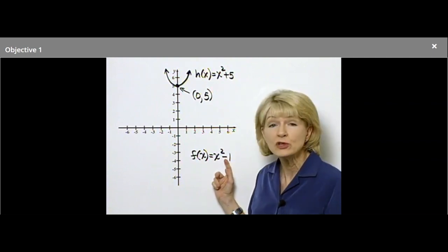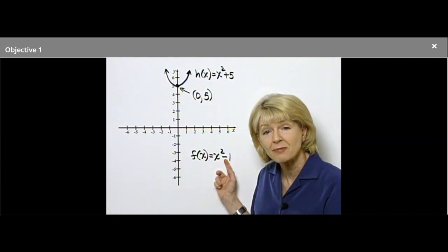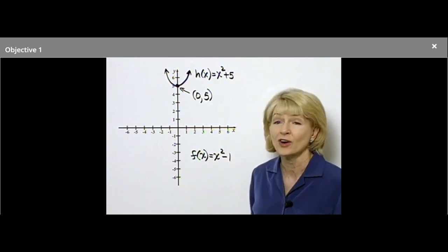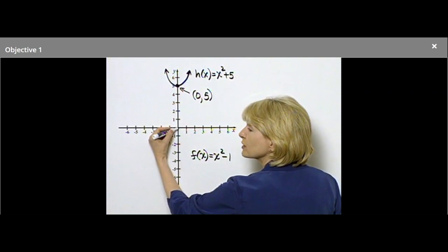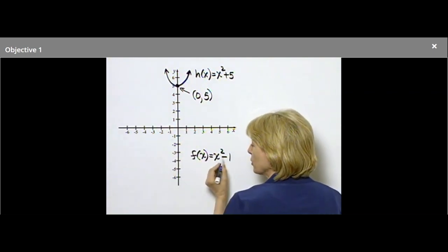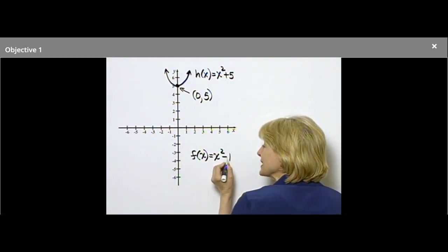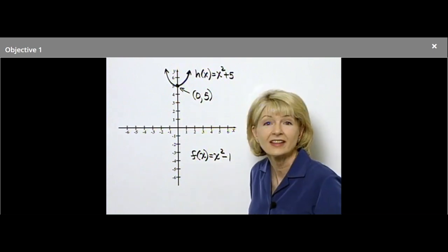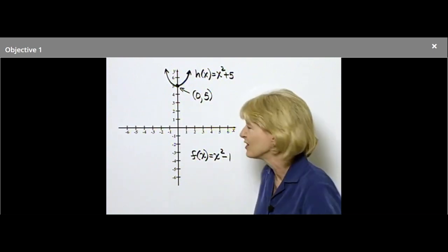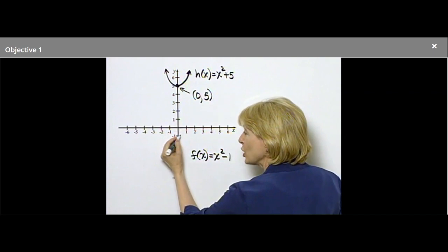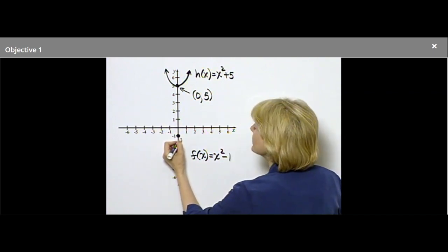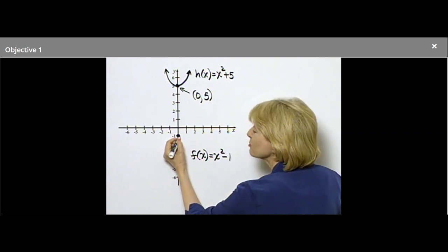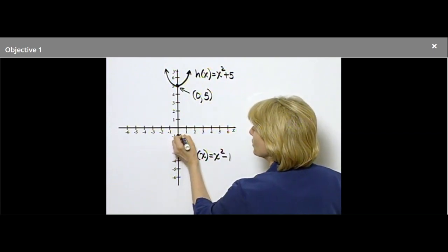But what movement does this cause, the minus 1 tacked on to the x squared? Instead of the vertex being at 0, 0, now you move the parabola down 1 unit. It's as simple as that right now. So move the parabola down 1 unit. Here is now the vertex, and it's the exact same shape as before.